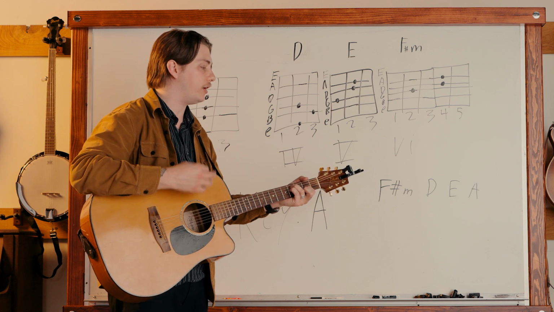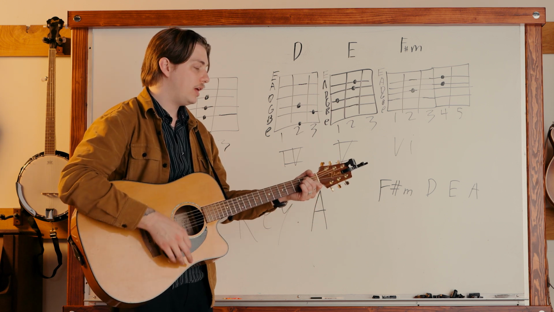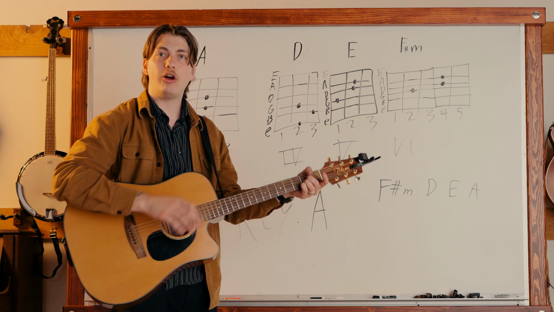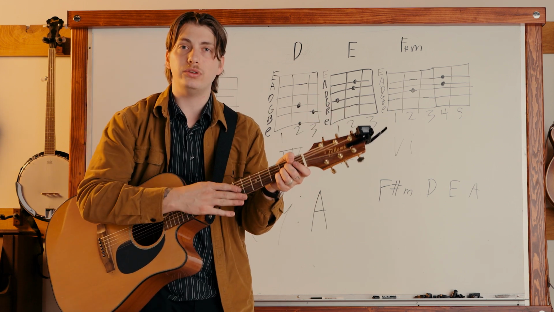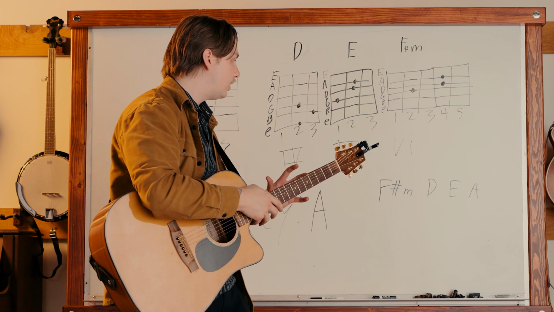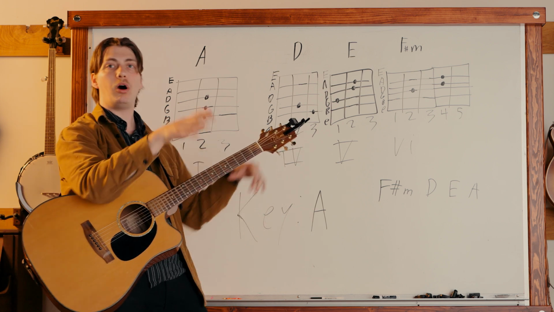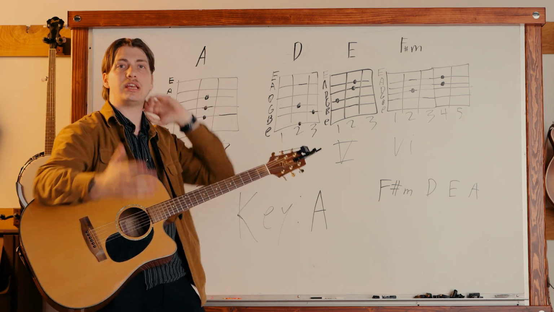So F sharp minor, D, E, and A. Now remember, all you have to do in order to write songs, in order to make up songs of your own, is to take some of these chords and different progressions and move them all around and then just start saying words over them.